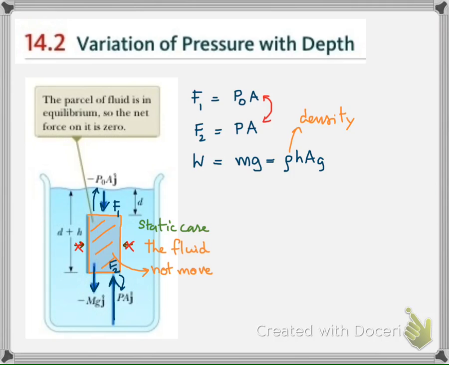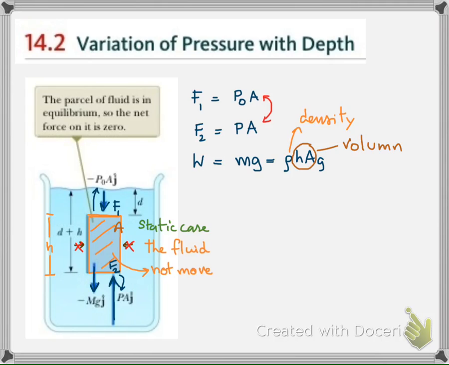So this is h, and A is the area here. Okay, so you can see that this hA is the volume of the object.